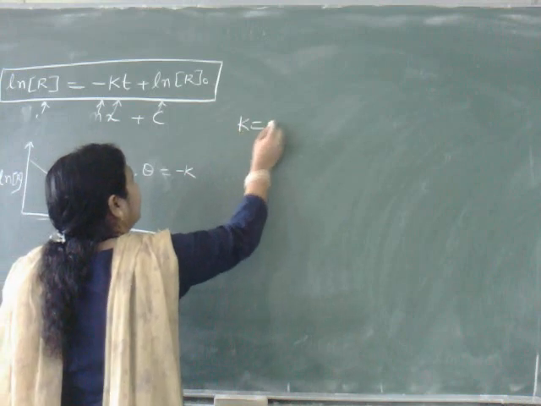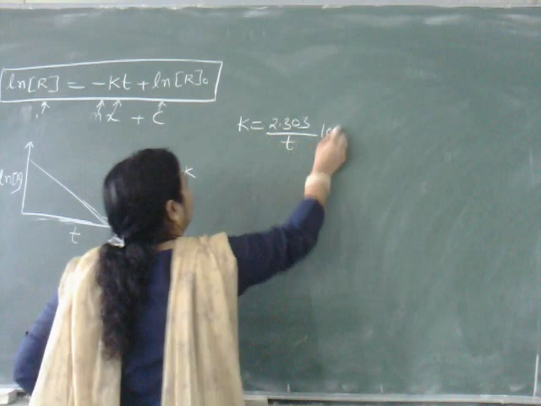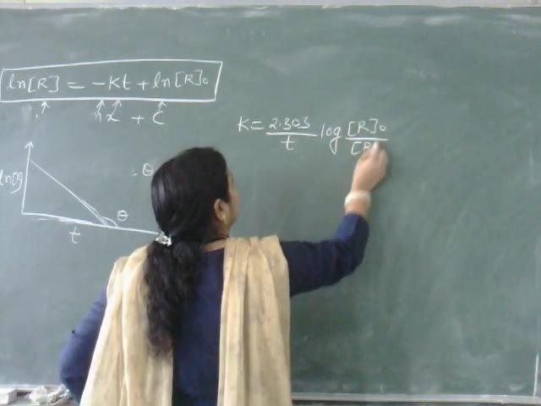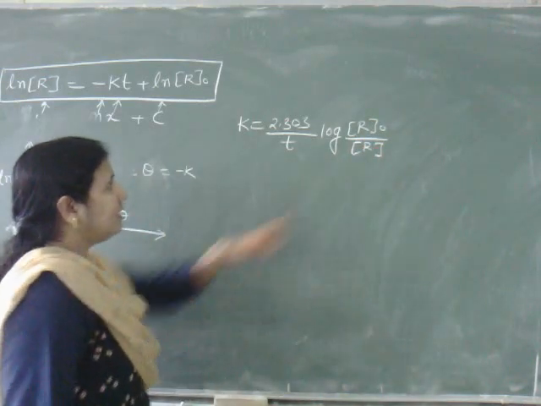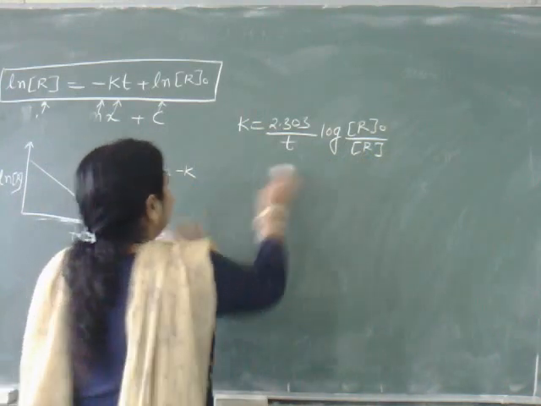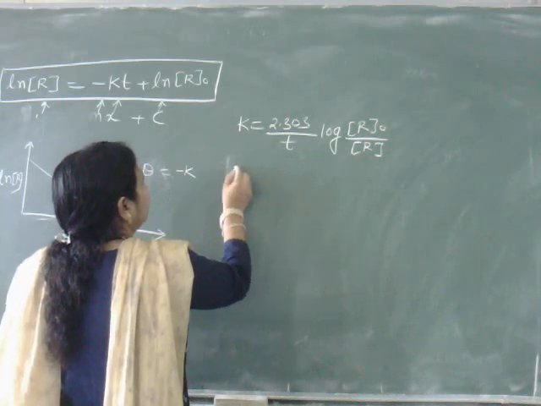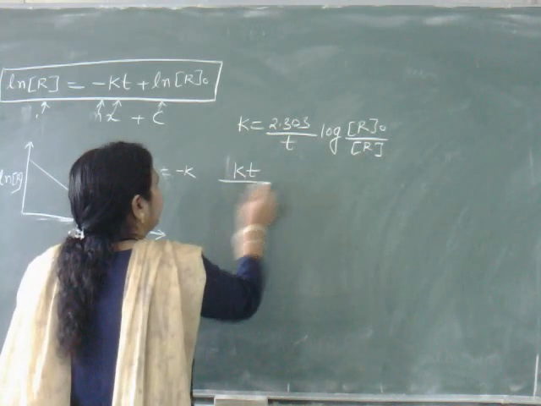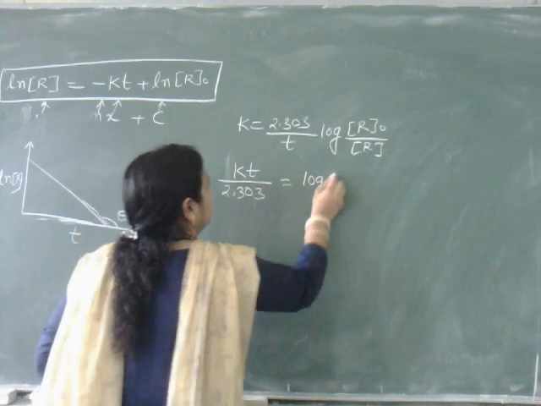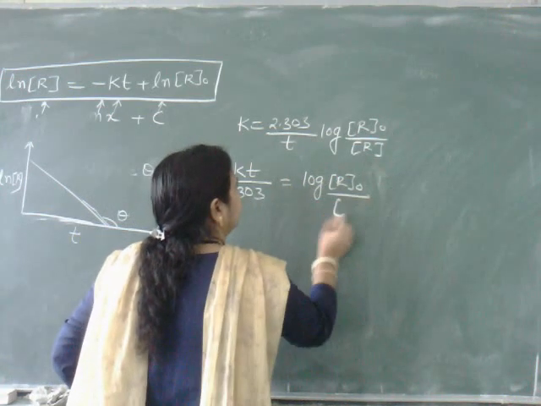Next we have our equation for this one only. k is equal to 2.303 by t log r naught by r. r naught is the initial concentration. r is the final concentration. Now if you take this one, kt divided by 2.303 is equal to log r naught by r.